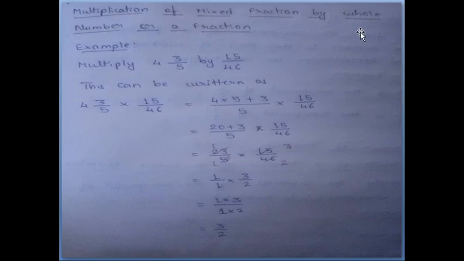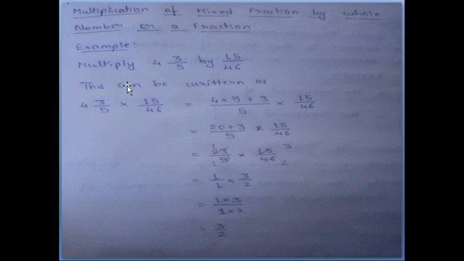Then, multiplication of a mixed fraction by a whole number or a fraction. Now we have to do the multiplication of a mixed fraction and a fraction. For example, multiply 4 3 by 5 by 15 by 46. This can be written as 4 3 by 5 into 15 by 46.